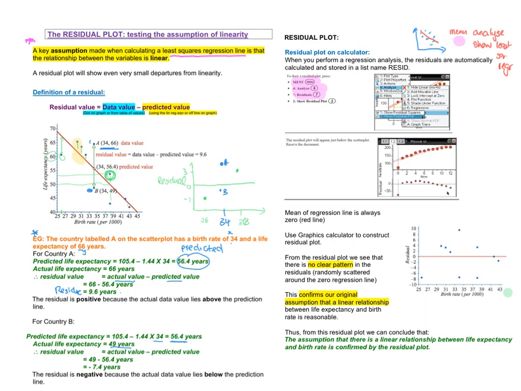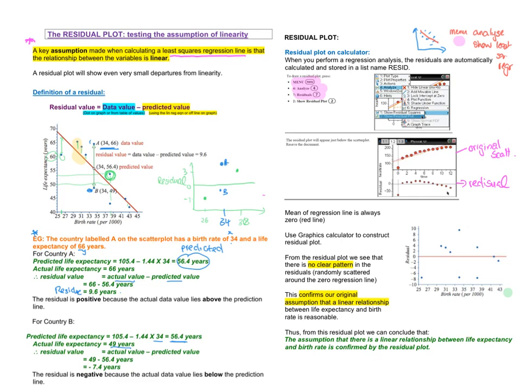What it actually does is split the screen. This is the original scatter plot, and this is the residual plot. So this is like what we've done here. What we look for in the residual plot is whether there is no clear pattern.